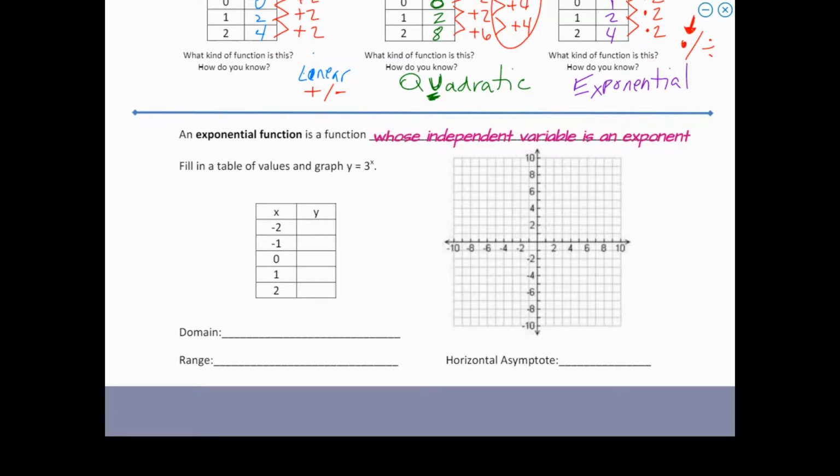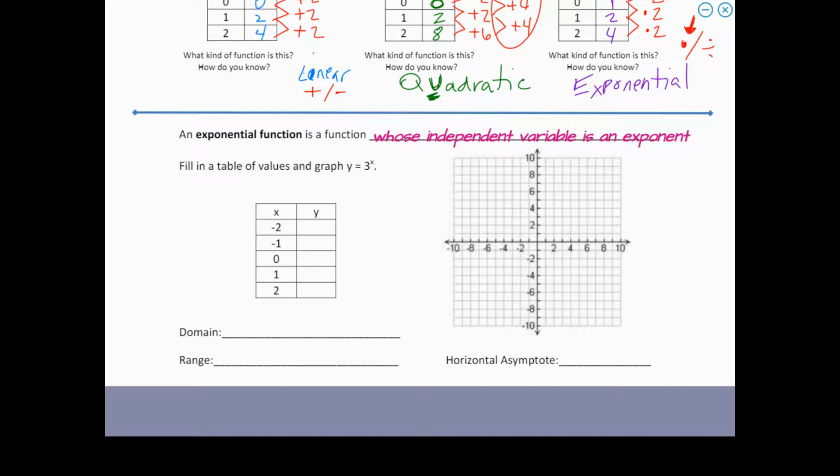So an exponential function is a function whose independent variable is the exponent. So that's just saying that the number that you're substituting in for is the exponent of your function.